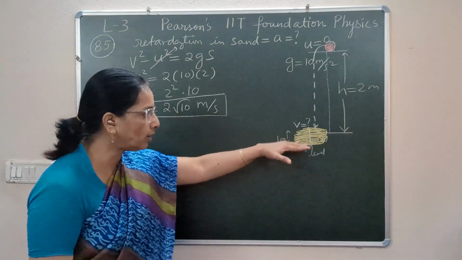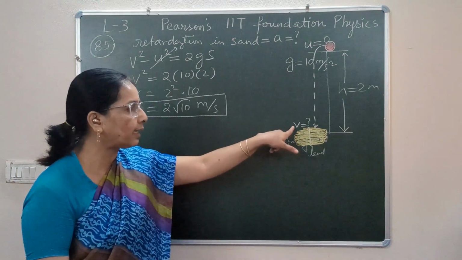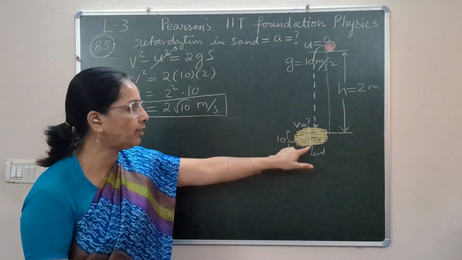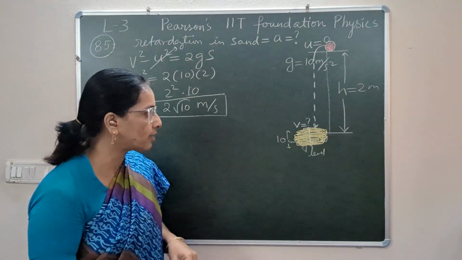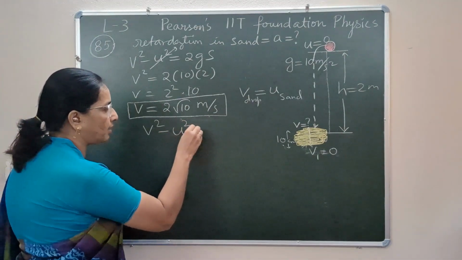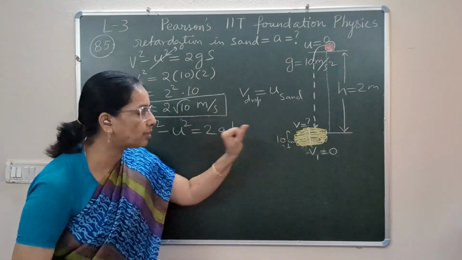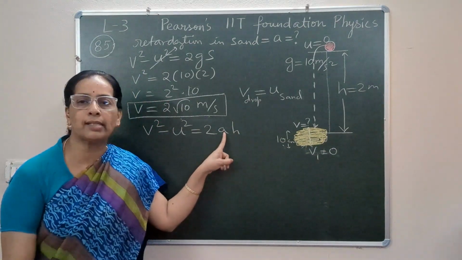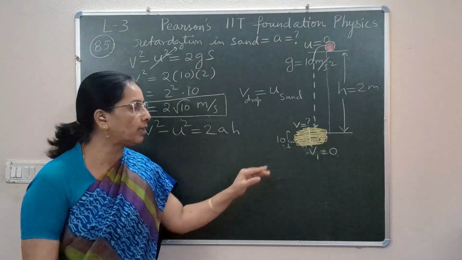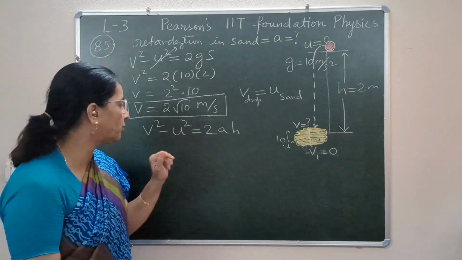Now let's talk about this part of the journey. This is the distance traveled, and this is the initial velocity. We have to find the retardation, so let us once again use the third equation of motion: v squared minus u squared is 2ah. h is that smaller distance traveled, and it is not the acceleration due to gravity, because in the sand the body retards. So this is that retardation.